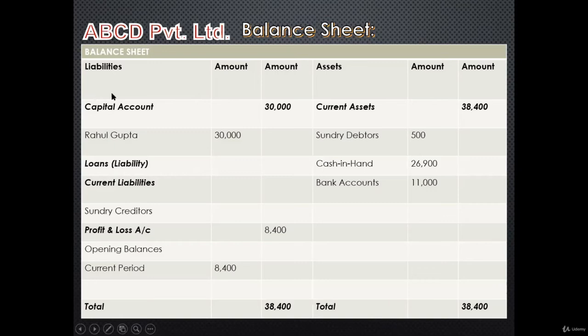For liabilities, I recorded the amount for liabilities and my net profit that the company has to distribute to its shareholders. And in the asset side, I have recorded all the current assets of the company.